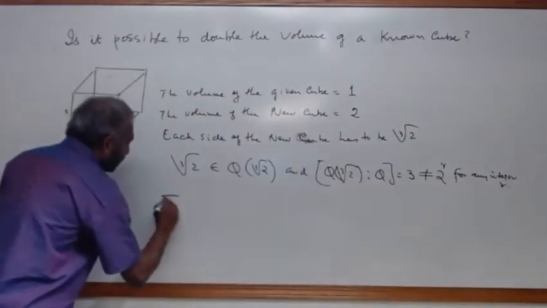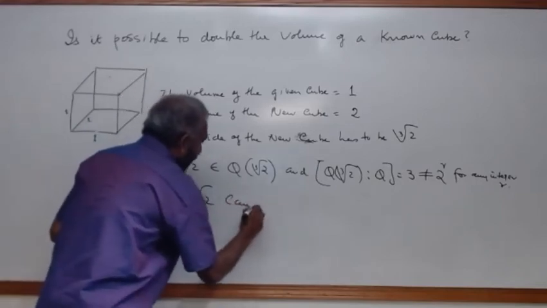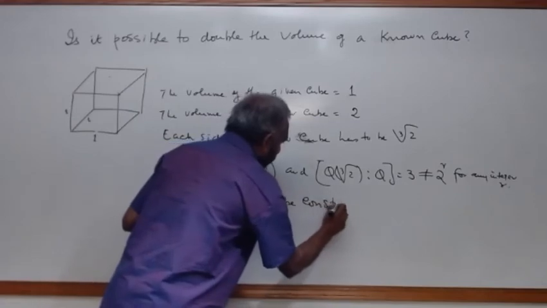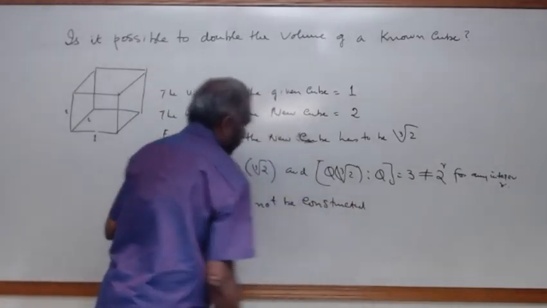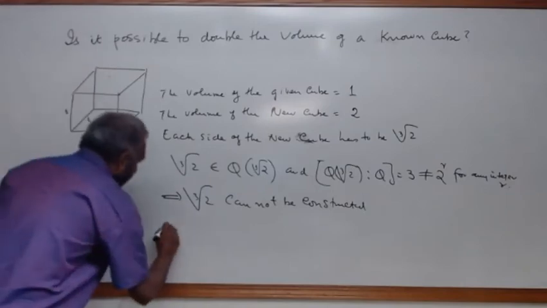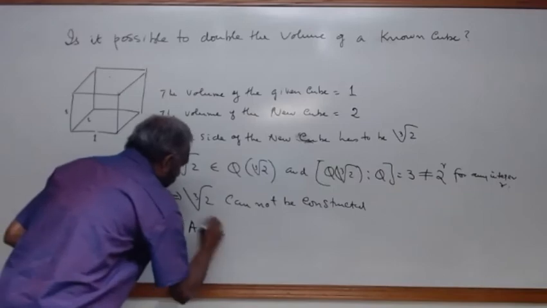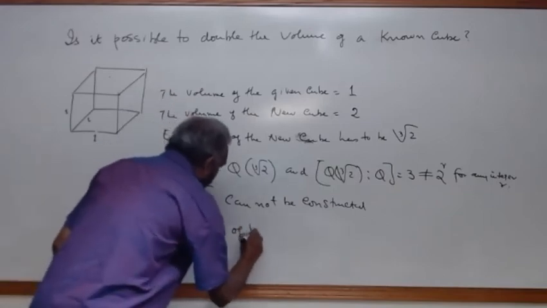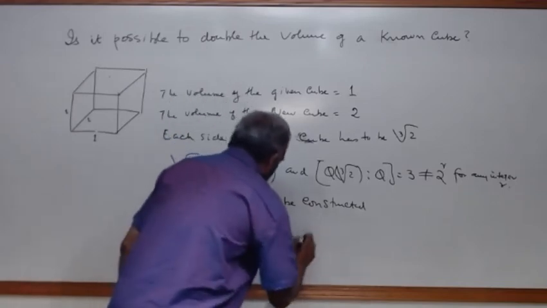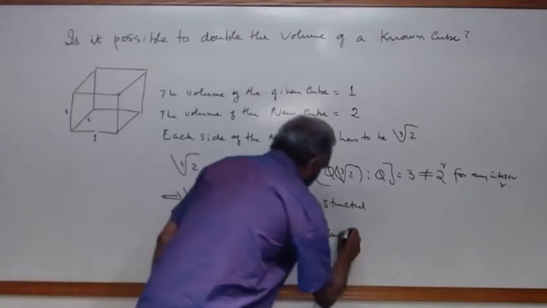So that means cube root of 2 cannot be constructed. That means a cube of volume equal to 2 cannot be constructed.